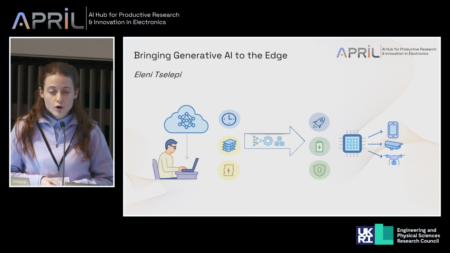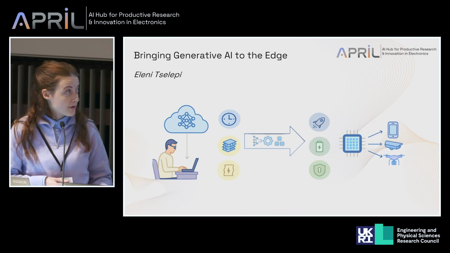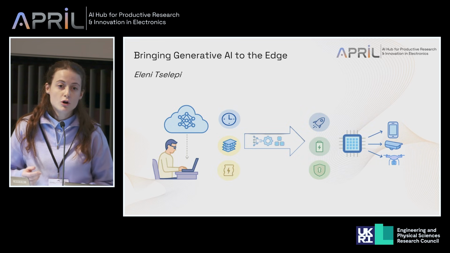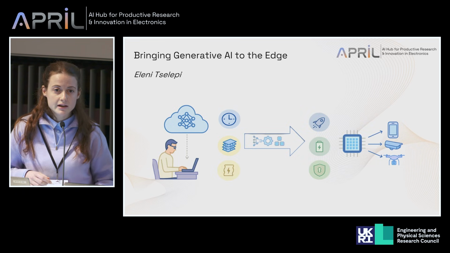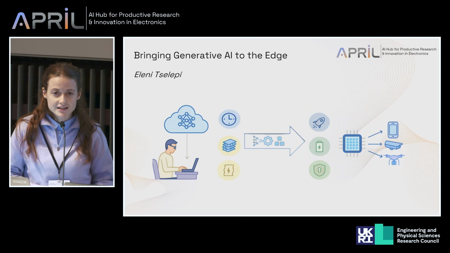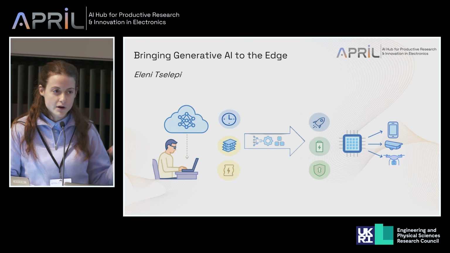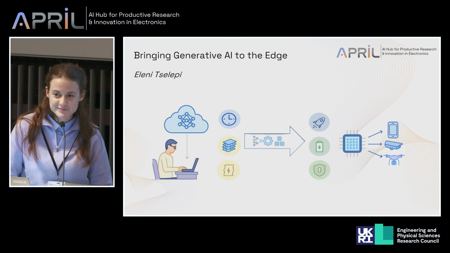With this, not only will our generative AI models be faster, but also more energy efficient and privacy preserving, as data doesn't have to move from our device. So in one line, what I'm trying to do is to move generative AI models from the cloud to the edge. Thank you.